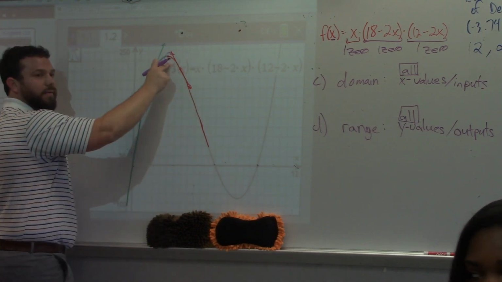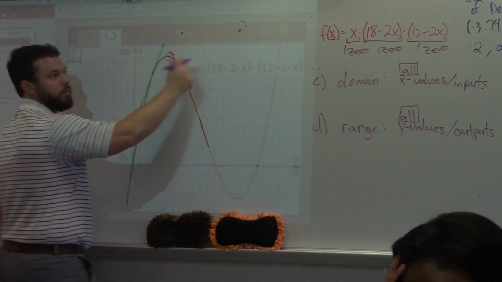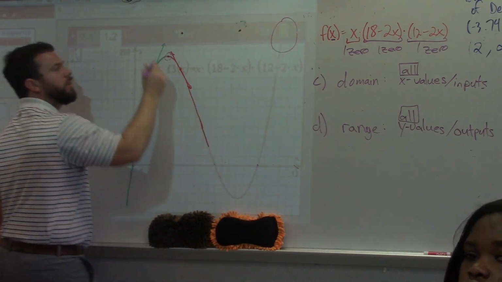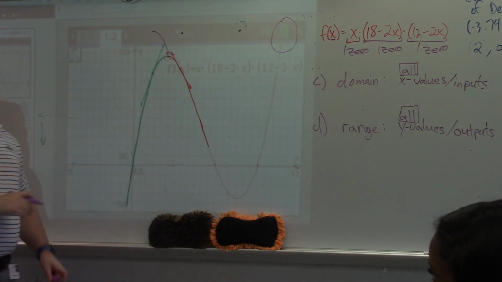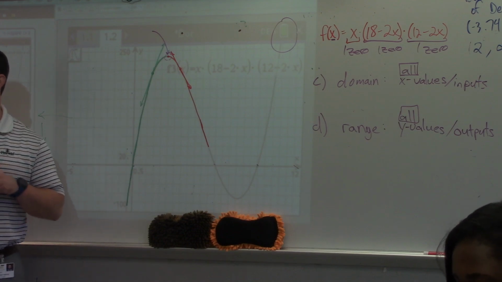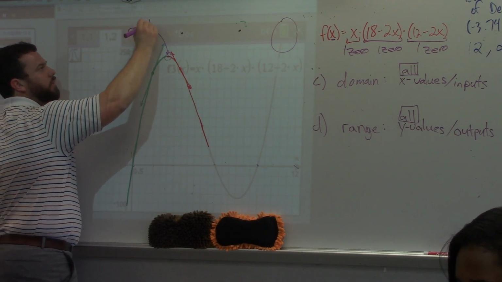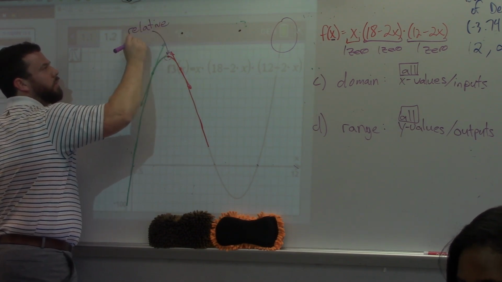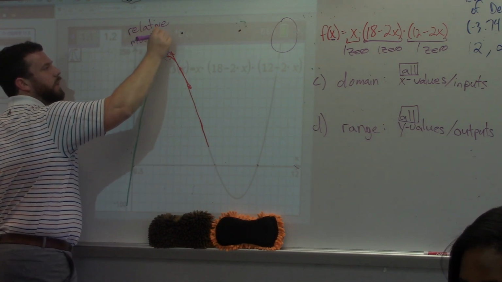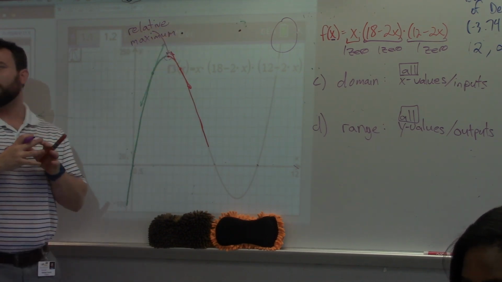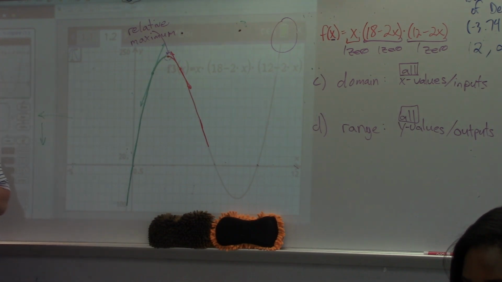Now, are there y values higher than this point? Maybe over here? Yes. So is this the absolute highest y point for the entire function? No. So we're not going to call it the absolute highest. We're going to call it a relative maximum. It is higher than the stuff around it. It is a relative maximum.